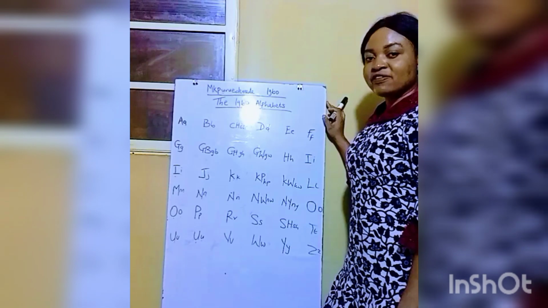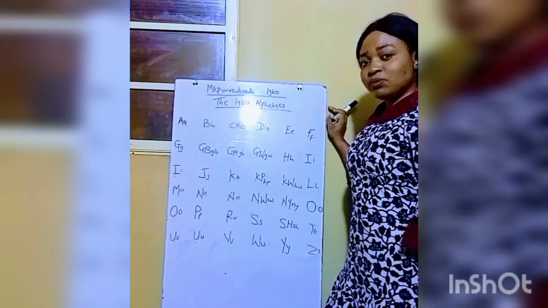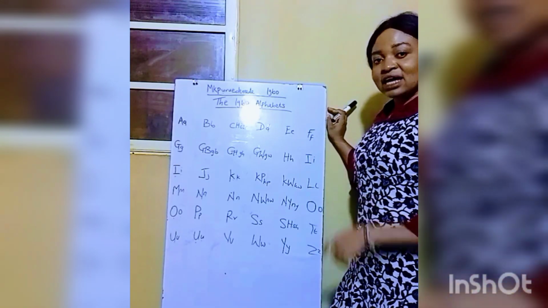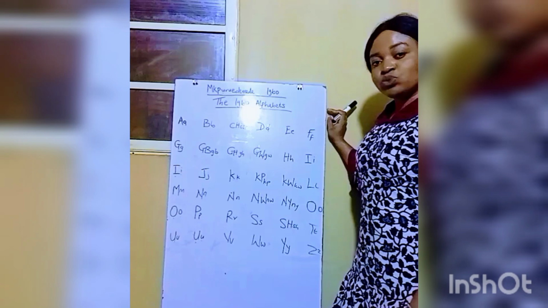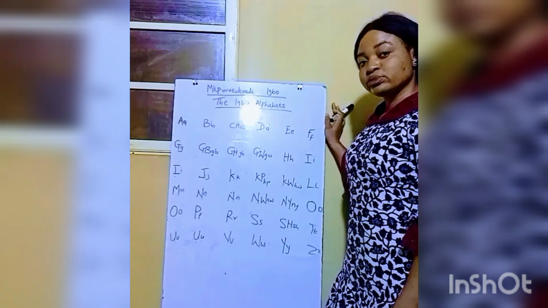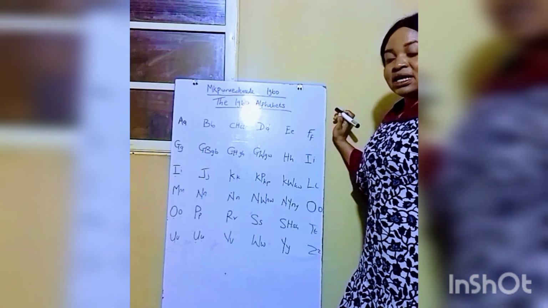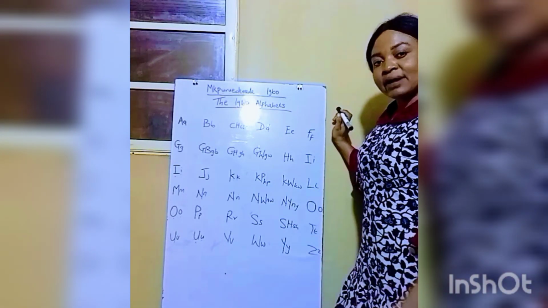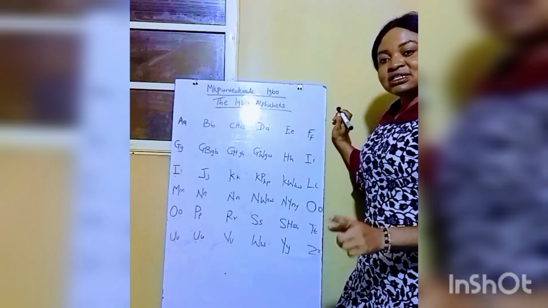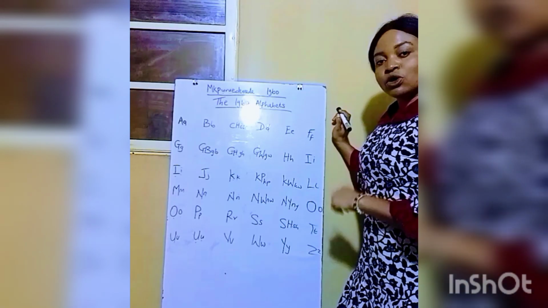Remember, I told you that the Igbo language has 36 alphabets, and these 36 alphabets were divided into two. That is, ekere mkpụrụ abịdị Igbo ụzọ abụọ.